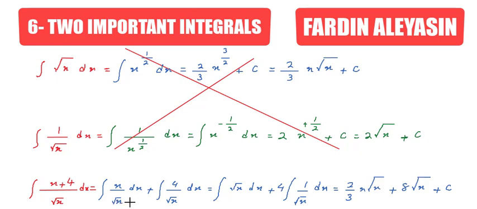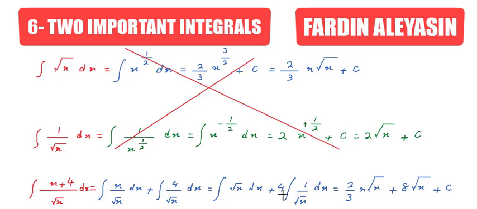And the new power is 1/2, which I show in the radical form. And in the second one, I put the 4 out in front of the integral because it is just a constant. And the rest is 1 over the square root of x.